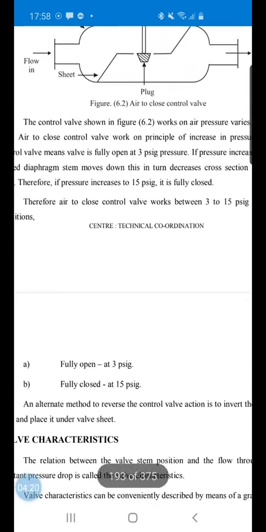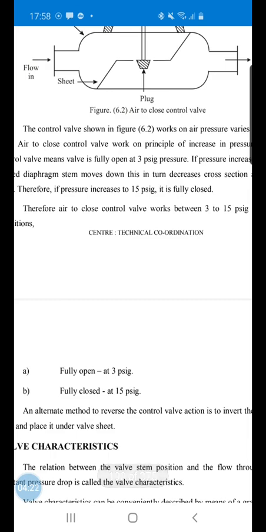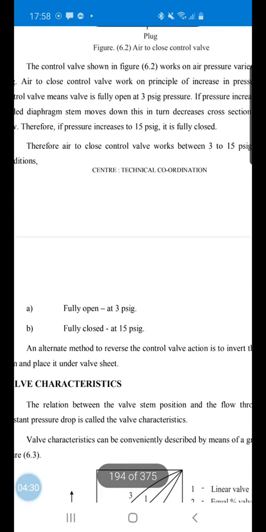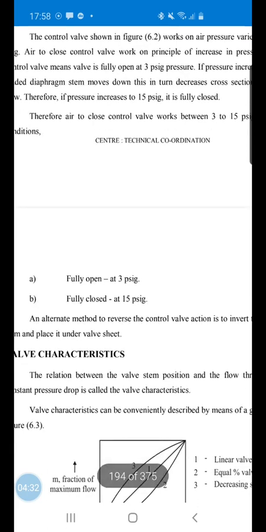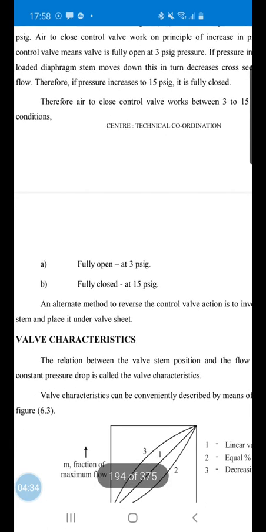Now, if you ask whether we can convert an air to open control valve into air to close, yes, it may be possible if you invert the plug position into the valve seat. So you can convert an air to open control valve into an air to close control valve.